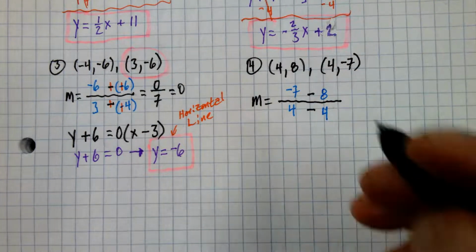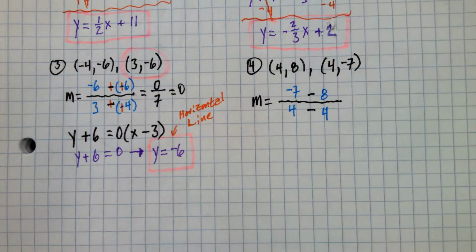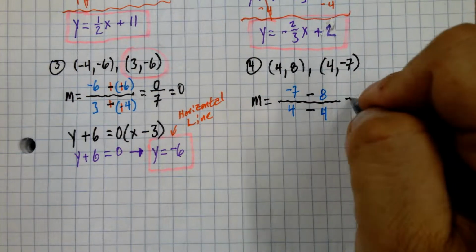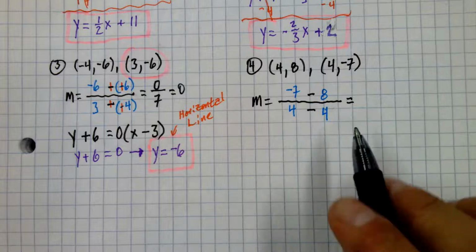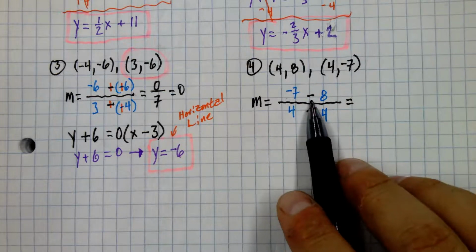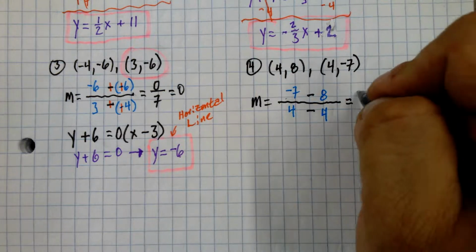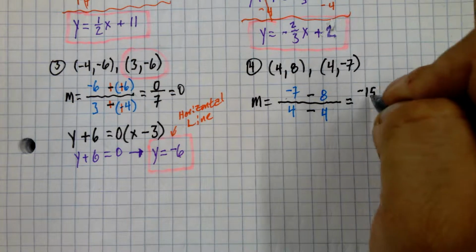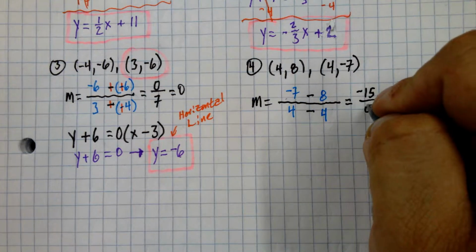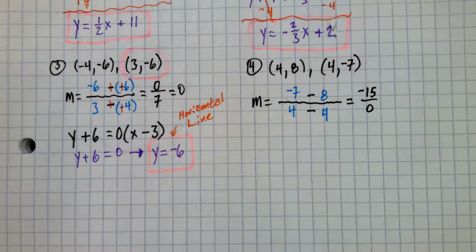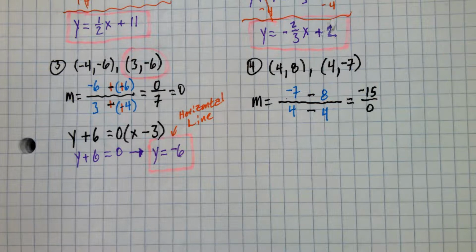Okay. So let's see what we get now. -7, take away 8 is -15. 4 minus 4 is 0. What do we get when it's zeros on the bottom? Undefined. Ooh, that's good.